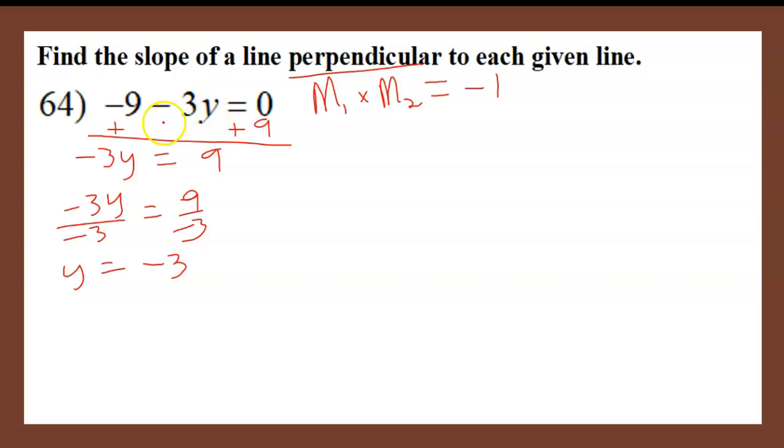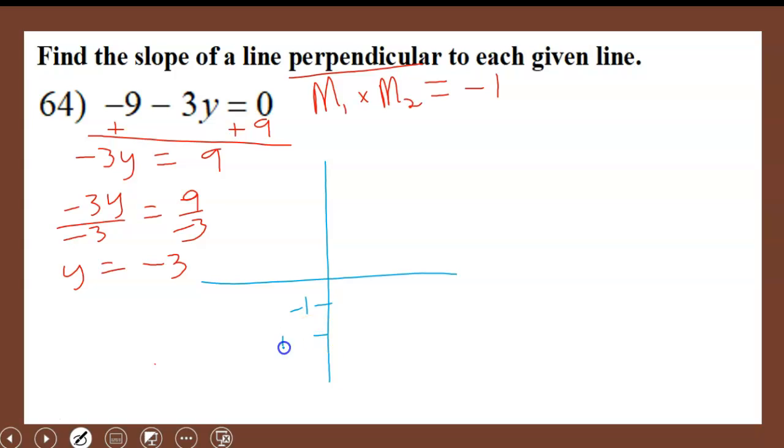Okay, so what happens here? There's no x. X is not here. So what do we do? What kind of line is this? The line where y equals negative 3. So we can draw it. If we're not sure, we can draw it to see it. So in the coordinates, we have y equals negative 3.